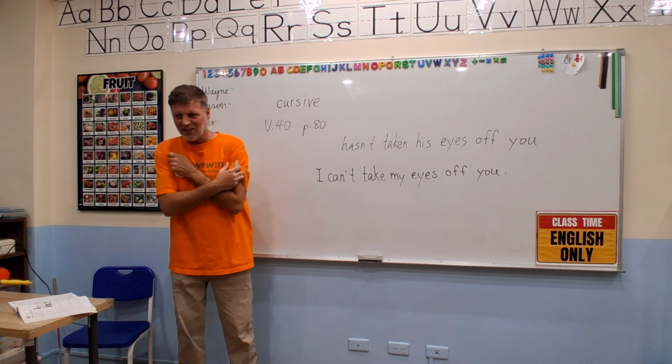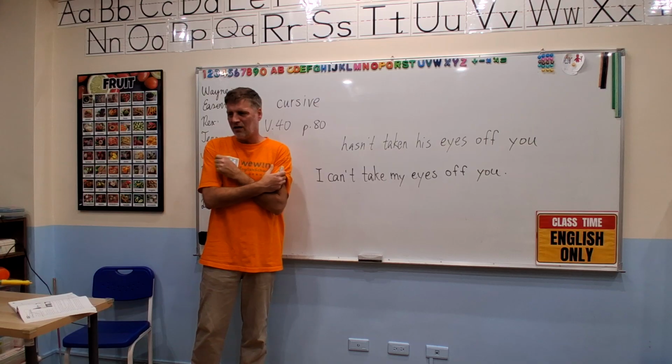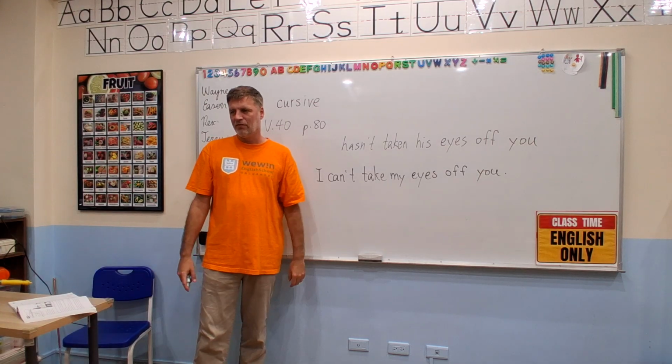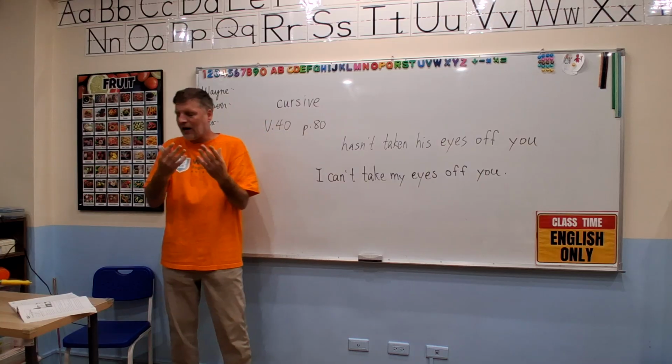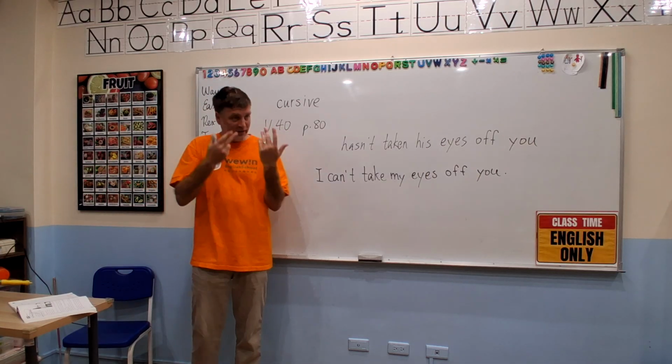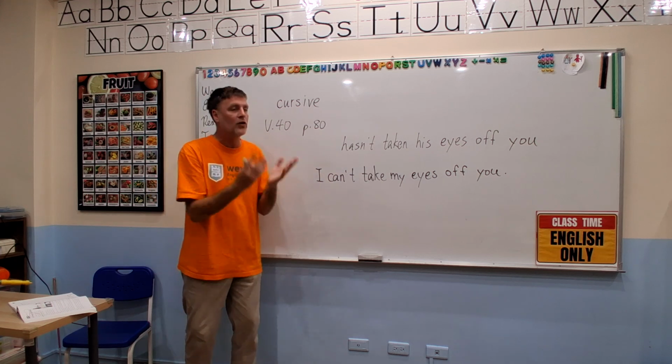Terry, you see a girl and you can't take your eyes off of her. What does that mean? Why? I'm saying just the idea. If you can take your eyes off her, you look at her and then you look somewhere else. But you have to look. Why?